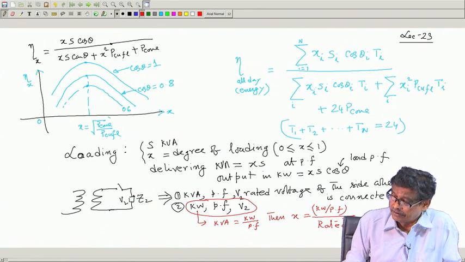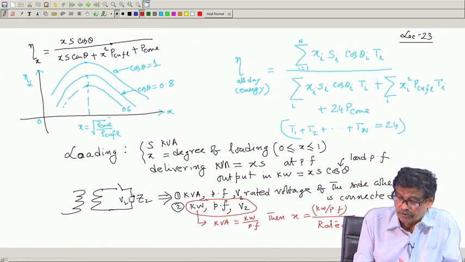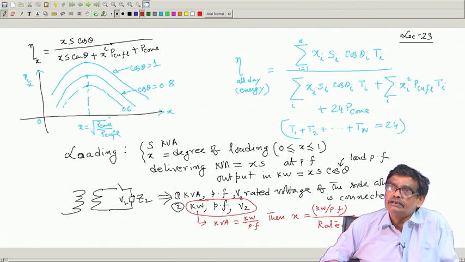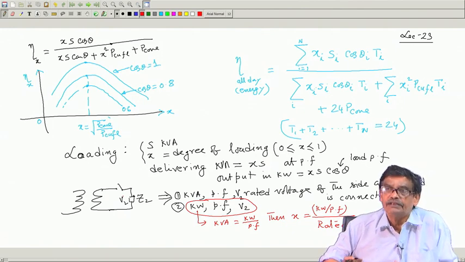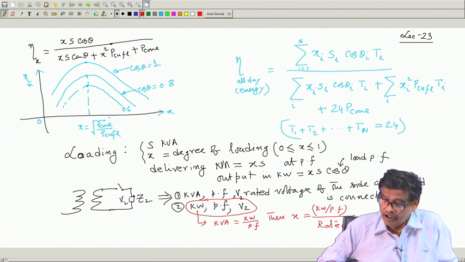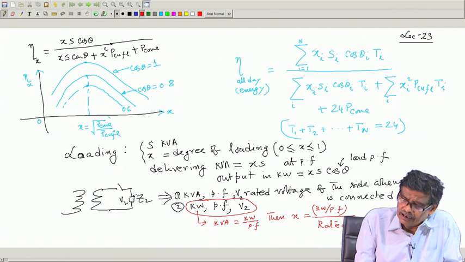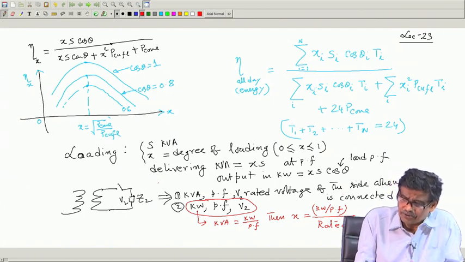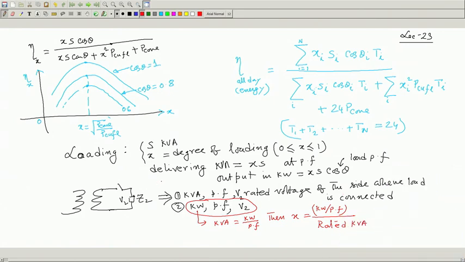But this is the thing. You must remember this load is not specified in terms of an explicit value of Z2. How will it be specified? I will say the load consumes so much kVA at this much power factor at this much voltage. Therefore, from this I will be able to calculate Z2, but I will not do that, because to calculate efficiency I do not require Z2.